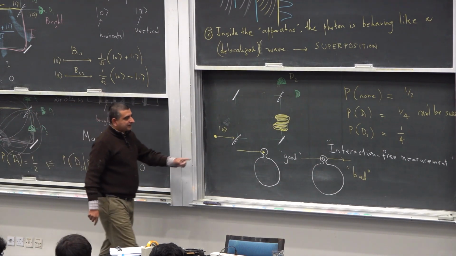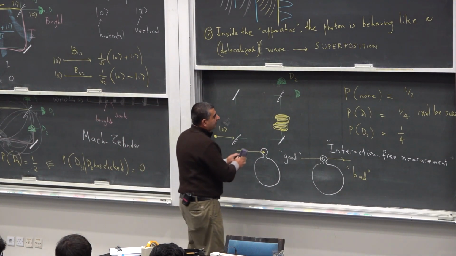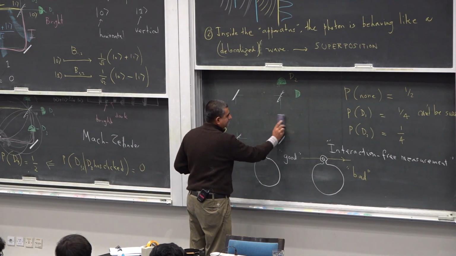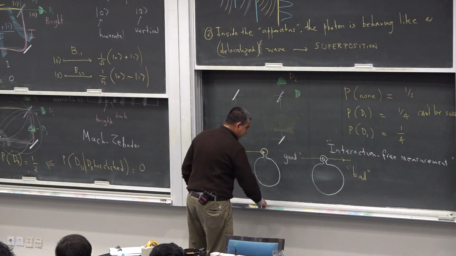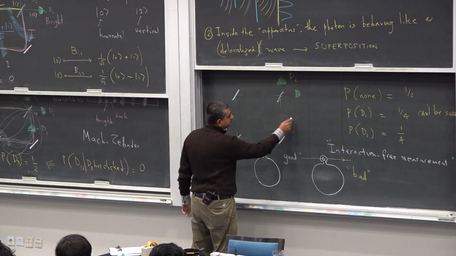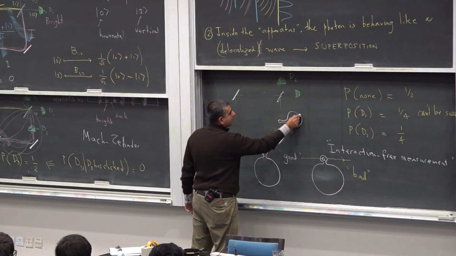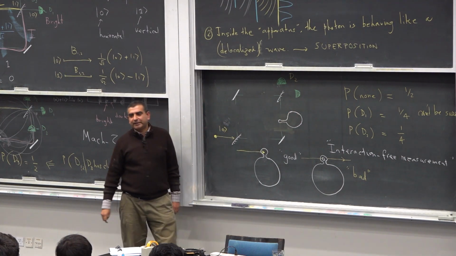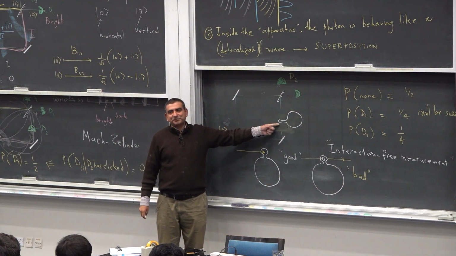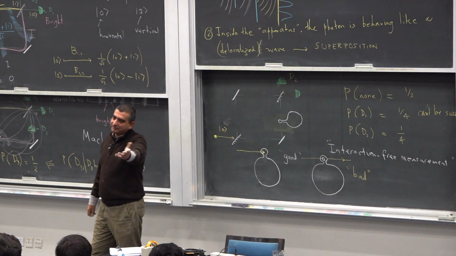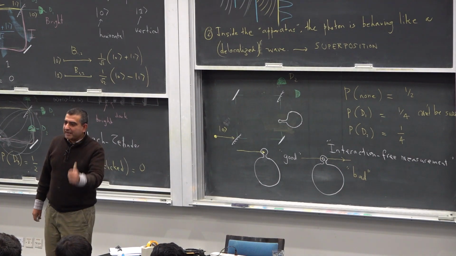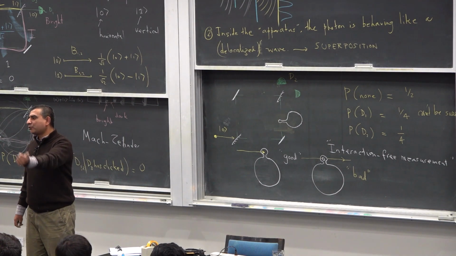If in this path I were to put in the bomb, and this bomb can be good or it can be bad, can you detect the presence of a good bomb without exploding it?